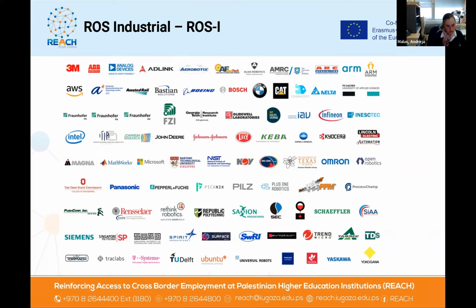Sometimes we want robots that are easily adaptable, that can react to changing environments. So a group of companies is connected in a consortium called ROS Industrial, and they developed a framework for industrial manipulators.